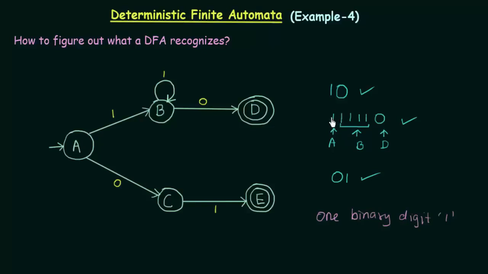So one 1 is there for sure, and the next digit could either be a 0 or a series of 1s and then 0. This is what is recognized by my DFA.